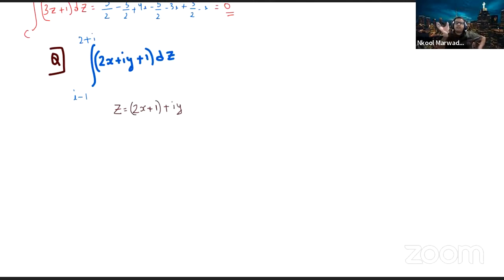And the interval is given, minus 1 plus i to 2 plus i. So 2 points I have. I minus 1 means, like, minus 1 comma 0, and one more point is 2 comma 1.